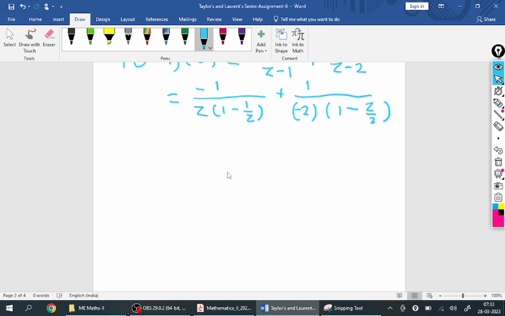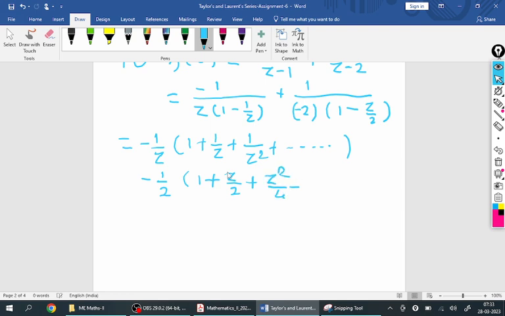So the next step will be this minus 1 by z as it is, and the expansion of 1 upon 1 minus 1 by z is 1 plus 1 by z plus 1 by z square plus 1 by z cube and so on, and minus 1 by 2, it is 1 plus z by 2 plus z square by 4 plus so on.